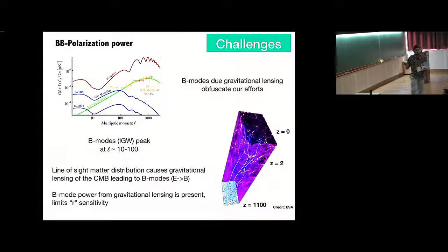So this is a warping of the picture by an intervening set of lenses, and that is what causes the B modes that we have now measured. The E modes, because of the matter potential, get lensed and become power in the polarization of B sense. And we have to effectively get rid of this if we are to dig down further and look for the inflationary gravitational waves. So this is a challenge in our field.